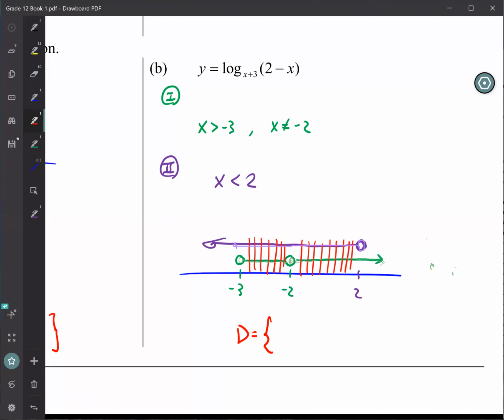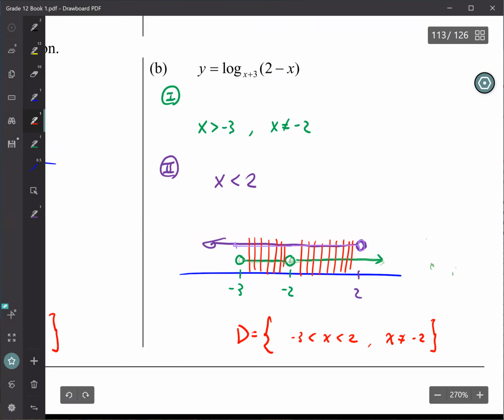I wrote it like -3 is less than x less than 2. X cannot be -2. Yeah, very good. Okay, can I go to -2, right? Because at -2, it doesn't have an overlap, right? The purple one has -2, but then the green one doesn't have -2, right? You only find the part where they both have the points.